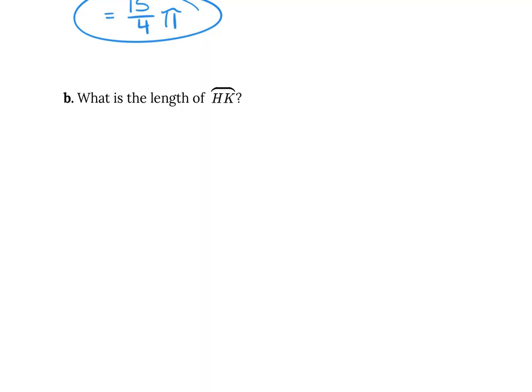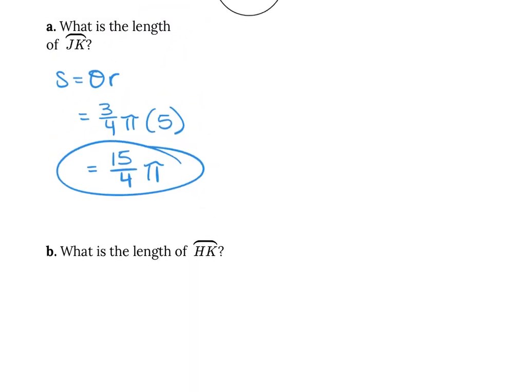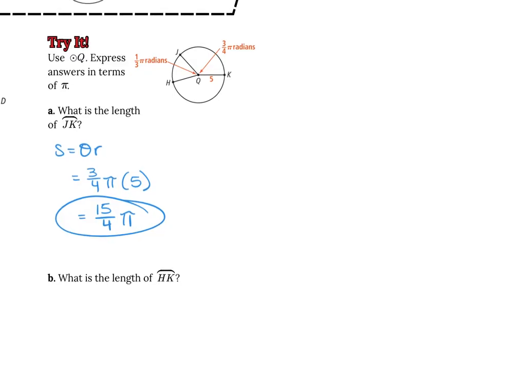All right, let's look at B. What is the length of HK? Okay, so HK, we are looking for this exterior arc here, the bottom arc. I know that the outside of a circle is 2 pi, and I can subtract the arcs that I know.